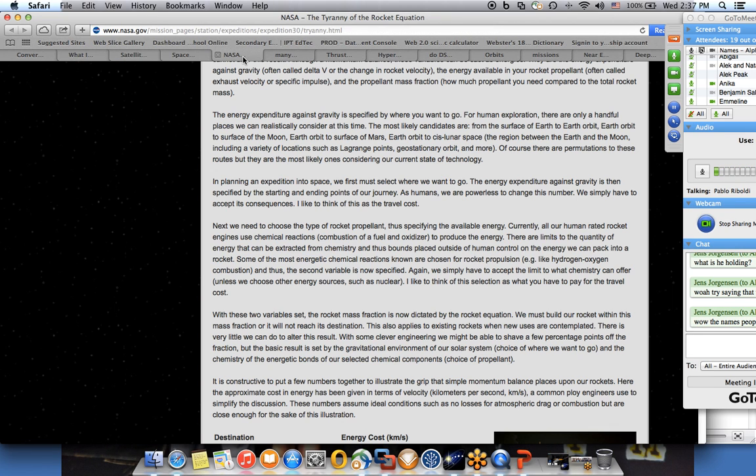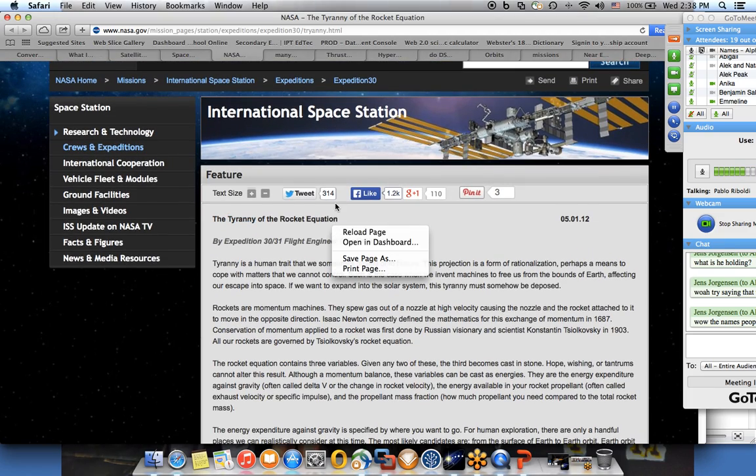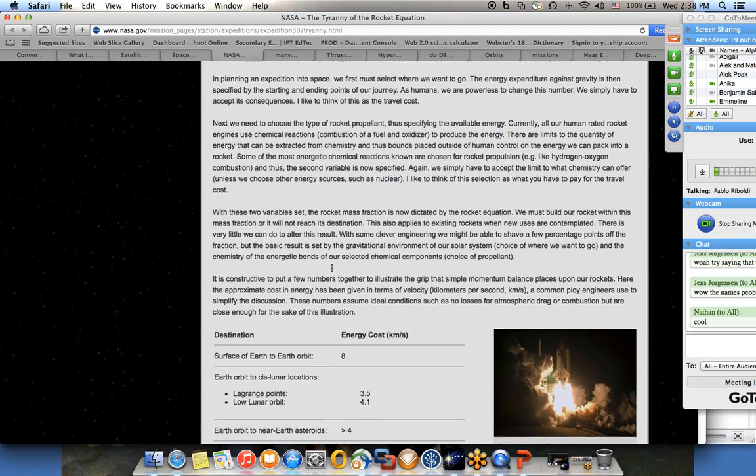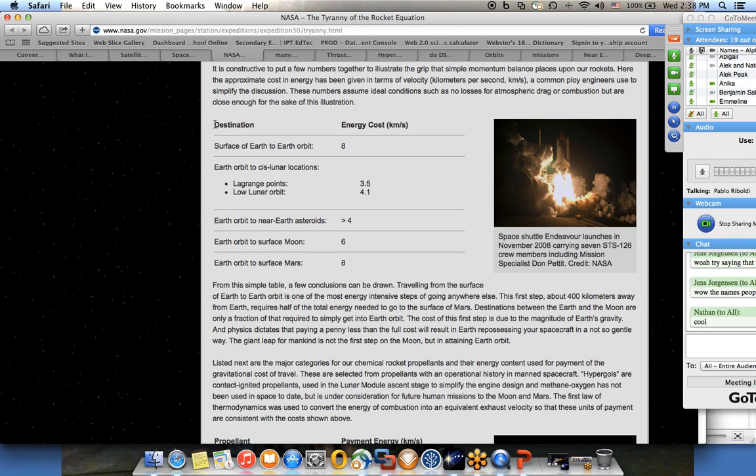In this article on the International Space Station's page about the rocket equation, it basically says, if you are going to go from the surface of the Earth to the orbit of the Earth, you need to achieve at least 8 kilometers per second.